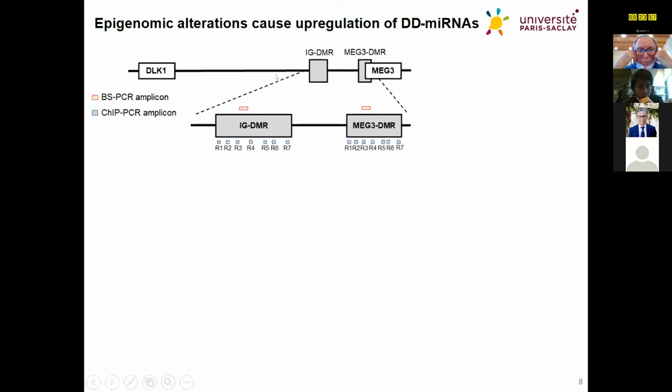So the expression of the non-coding RNA, for example the microRNA in the locus, is mainly controlled by two regulatory sequences called IG-DMR and MEG3-DMR. These two regions are subjected to a lot of epigenetic modification, especially DNA methylation and histone modification.